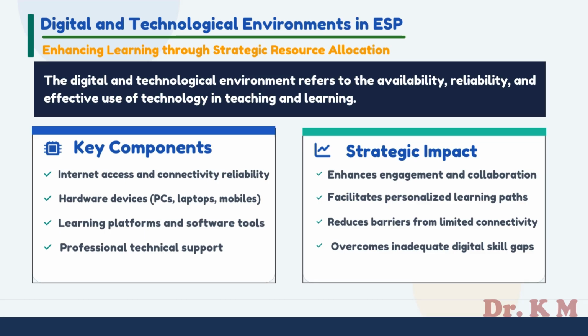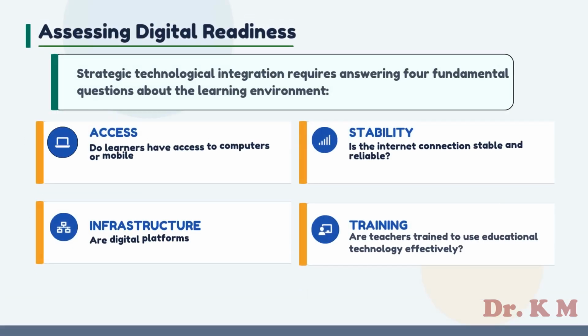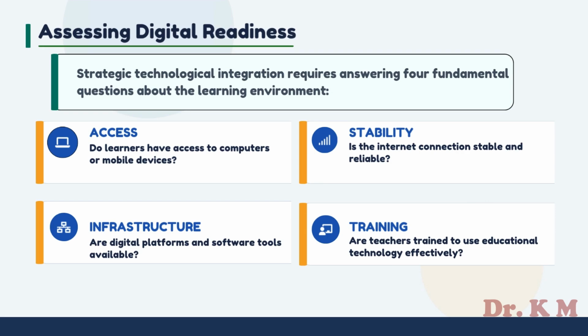A supportive digital environment enhances engagement, collaboration, and personalized learning, while also reducing barriers created by limited connectivity or inadequate digital skills. Questions to consider. Do learners have access to computers or mobile devices? Is the internet stable? Are digital platforms available? Are teachers trained to use educational technology?